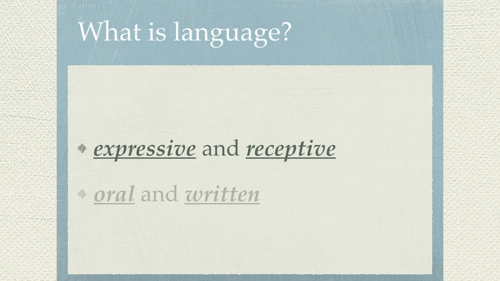Language is also oral, which is what I'm using right now, but you're also making use of written language. Oral language, talking to one another. Written, that's using this code that we have up here. So written language is basically using some kind of a writing method.